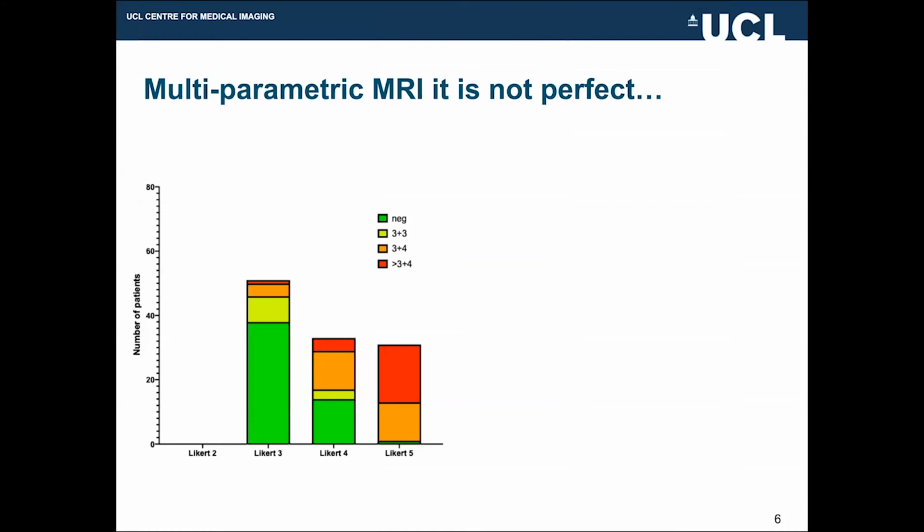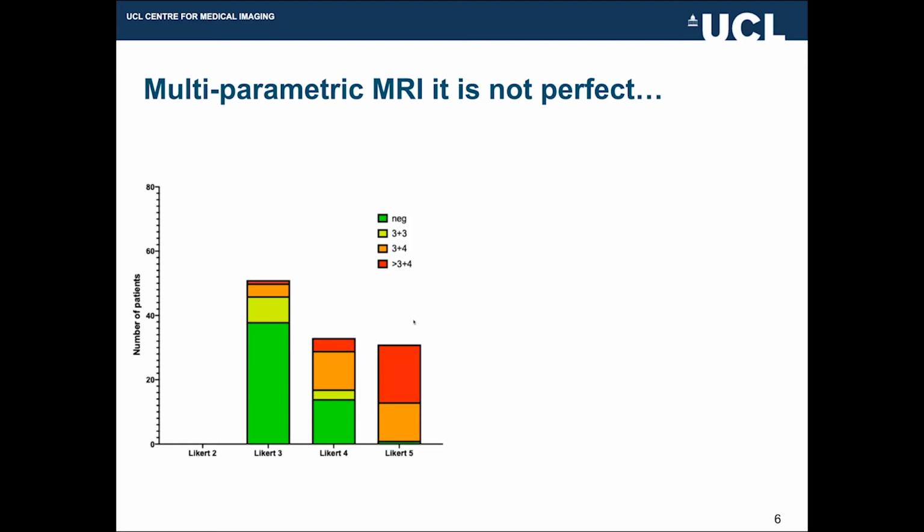He did say in his talk that there was something which was not perfect about MR. Radiologists score scans, and here I've demonstrated a scoring system on Likert, but there's also a PIRADS scoring system. They score scans on the likelihood of significant tumour being present. Here are the biopsies for a number of patients that had a lesion with a score attributed to it; these are the biopsied lesions only.